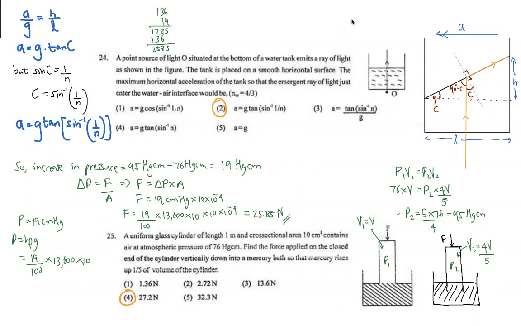Right. Okay. See if you can understand this explanation, people. This is fine. And now, P1 is 76 centimeter mercury. Now, once you do that, wait.